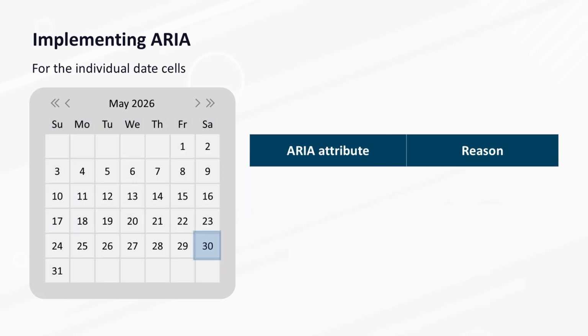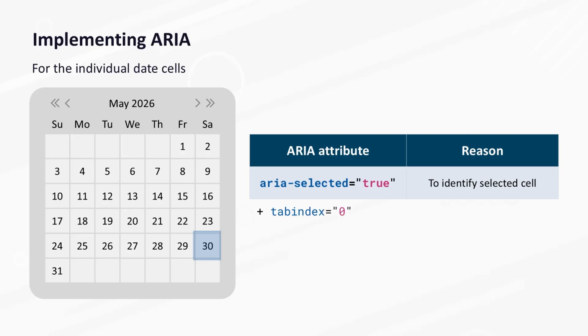And for the individual date cells, aria-selected="true" to identify the currently selected date. tabindex="0" on the active date only, so it is included in the tab sequence, whilst tabindex="-1" on the other dates, so they can receive keyboard focus through the keyboard interaction without all dates being added to the tab sequence. JavaScript then updates these values as the user opens the date picker, moves through the calendar, changes month or year, selects a date, closes the dialog, and returns focus to the calendar button.